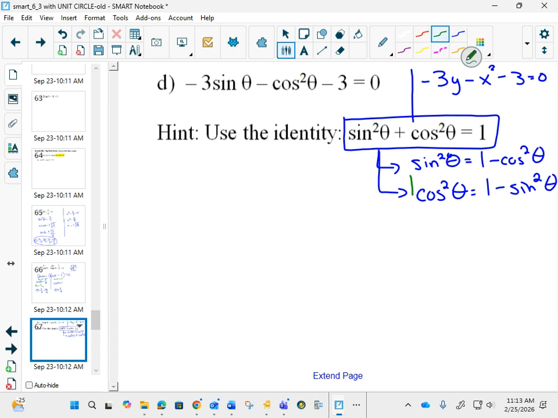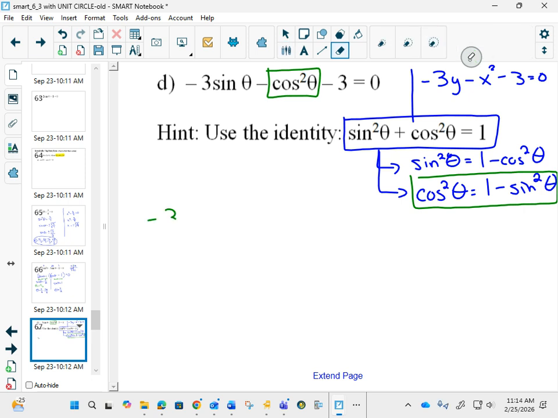I'm going to put a green box around this one because in my first equation I have, I'll put a green box around that, a cos squared theta. This allows me to do substitution. The way that substitution works is you rewrite everything.